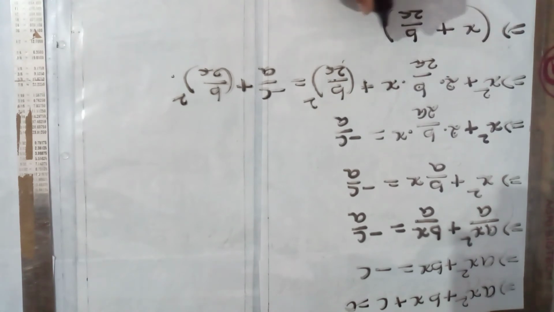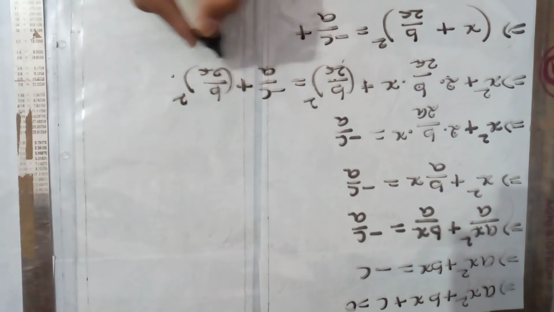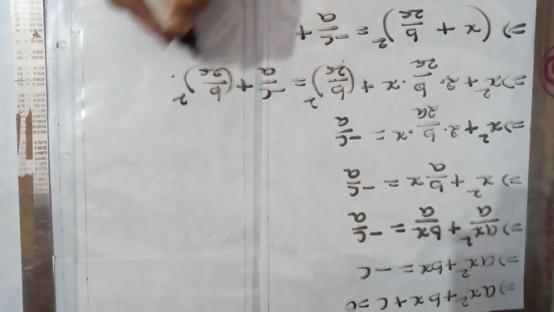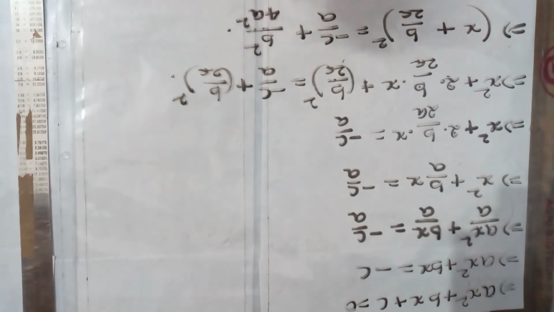That is nothing but x plus b by 2a whole square is equal to minus c by a plus, expanding b by 2a whole square, you have here b square by 4a square.